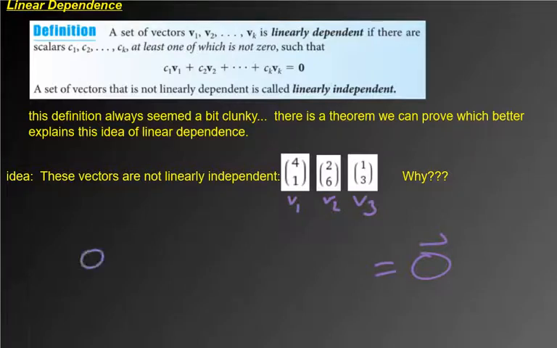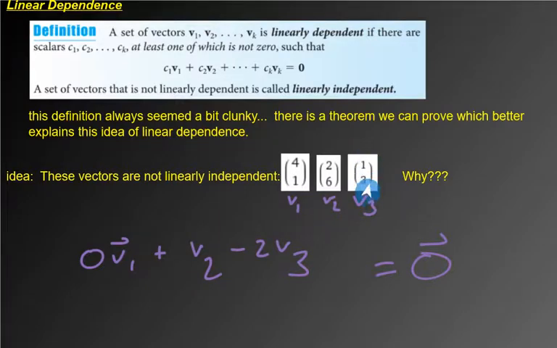And so I'm going to take 0 V1, and then if I add V2, right? So right now I'm at just the vector 2, 6, because I took 0 of the first one. If I just subtract 2 times V3, right, then I would have the 0 vector, because I would take away 2 times 1, 3.